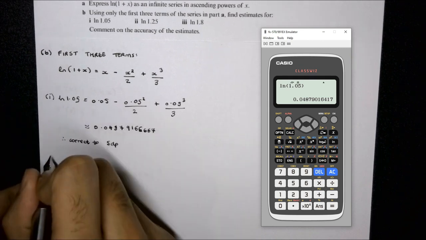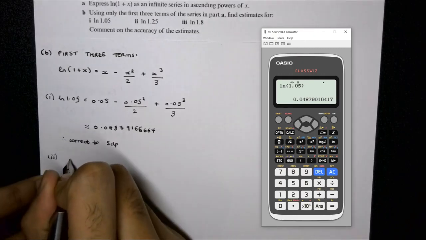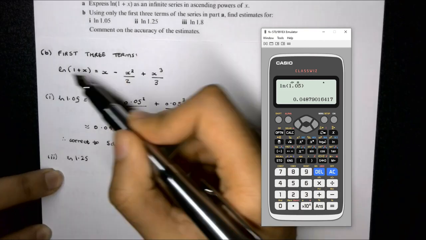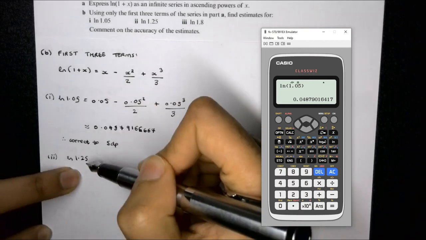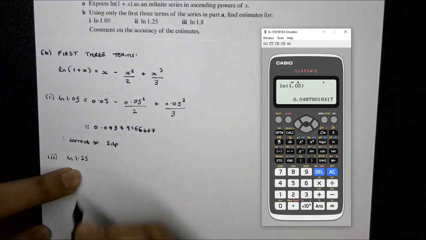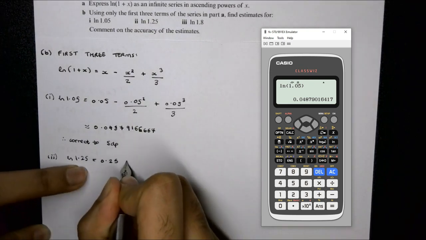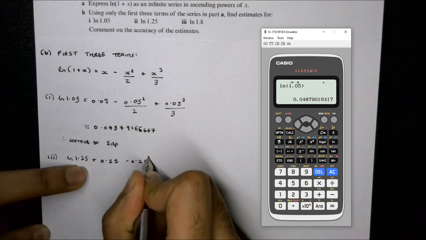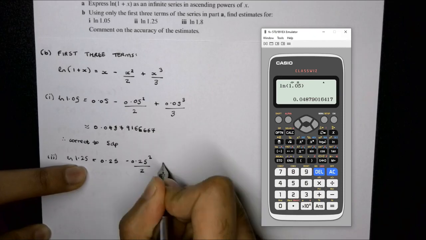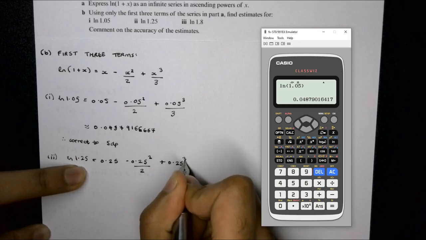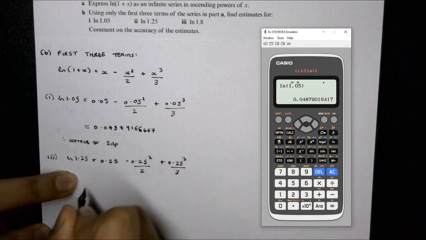If we now work out using the series the natural log of 1.25, if we compare the 1 plus x with the 1.25, clearly x is equal to 0.25. So here we get 0.25 minus 0.25 squared divided by 2 plus 0.25 cubed divided by 3.